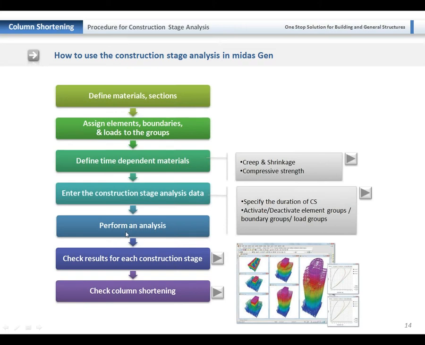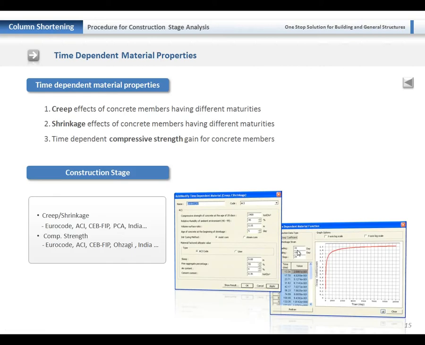After that, we can perform analysis, check the results, forces, deformation, and the column shortening results, and so on. So we briefly had a view for the time-dependent material, creep, shrinkage, and compressive strength.